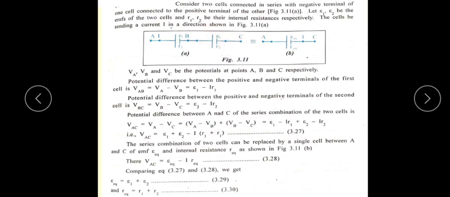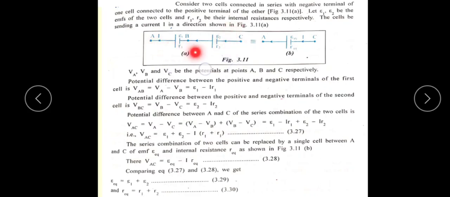This is the diagrammatic representation, in which E1 is the EMF of the first cell, E2 is the EMF of the second cell, and r1 and r2 are the internal resistances of the first and second cells respectively. The cells send a current I in the direction shown in the figure.